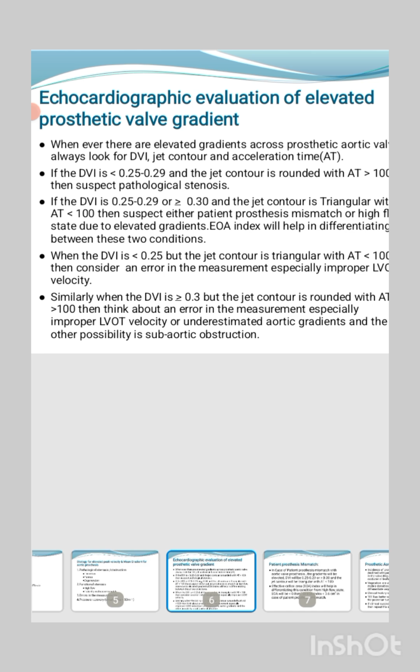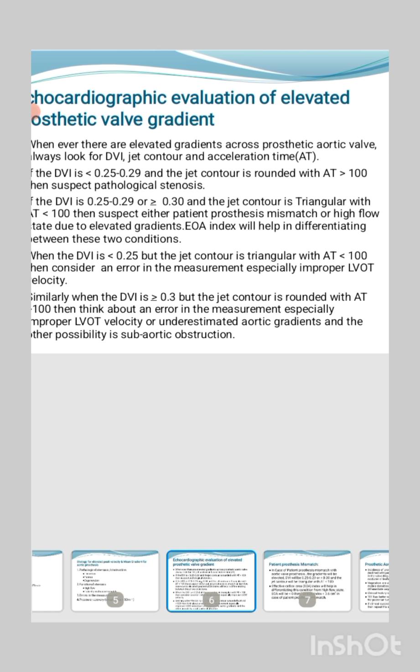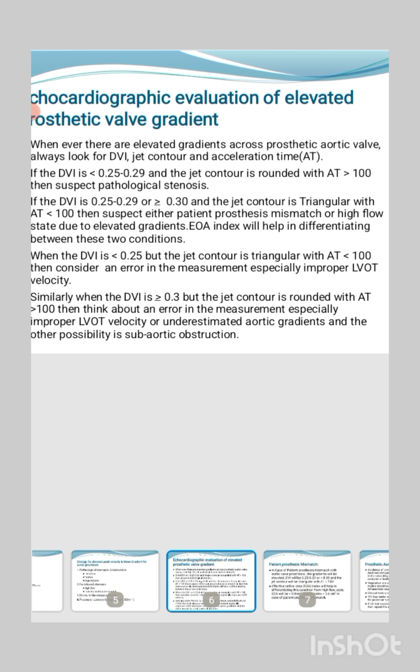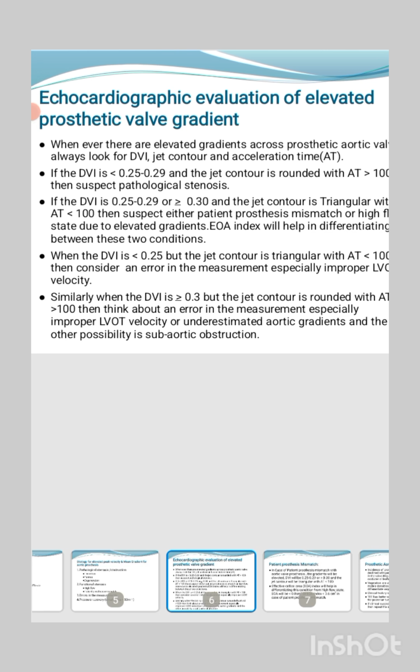If the DVI is less than 0.25 to 0.29 and the jet contour is rounded with acceleration time greater than 100, then suspect pathological stenosis like pannus, degeneration and thrombus.